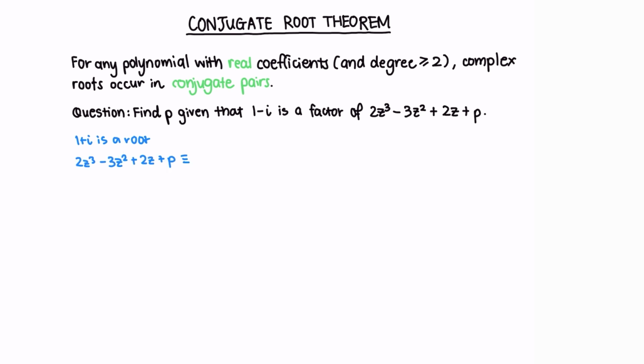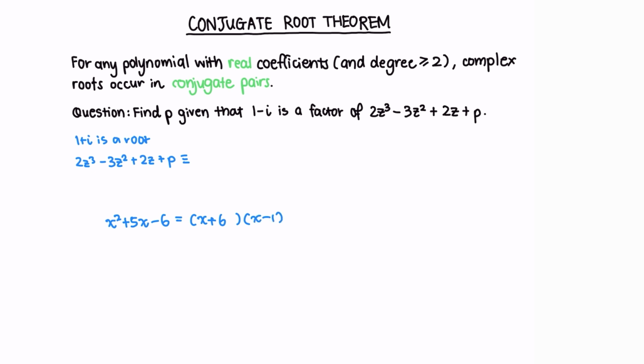And what I want to do is actually split this into factors. Remember, when you have a quadratic equation, for example x squared plus 5x minus 6, you can express this in terms of two factors, x plus 6 and x minus 1.